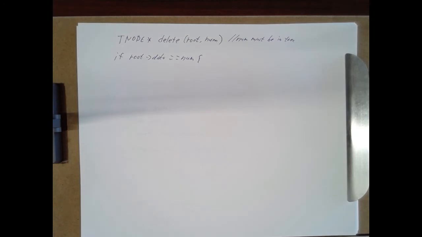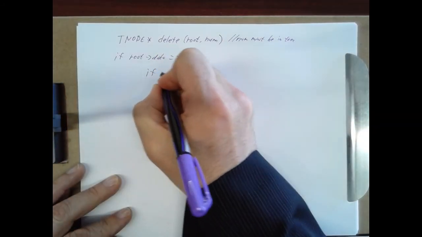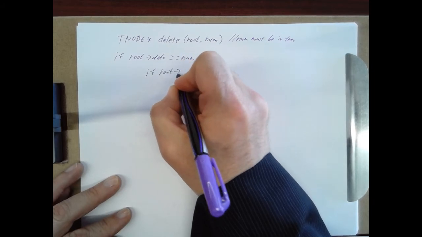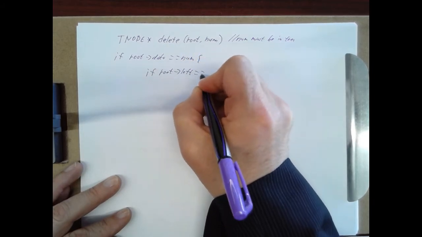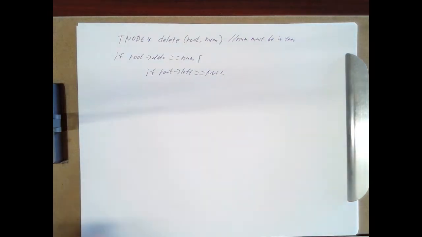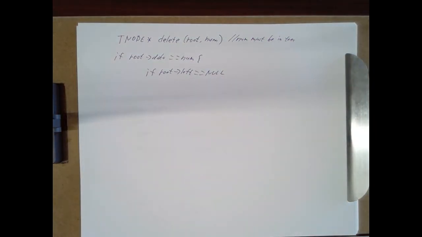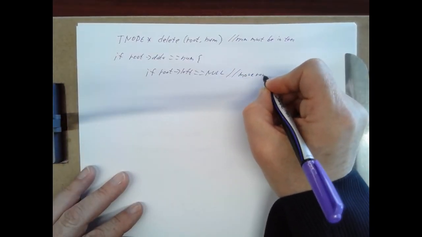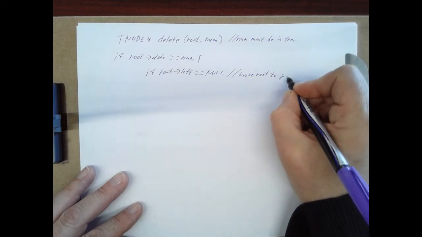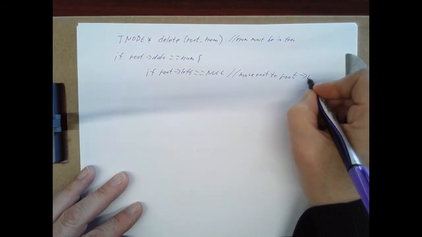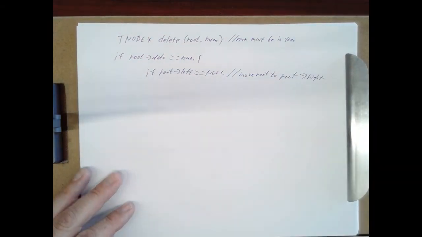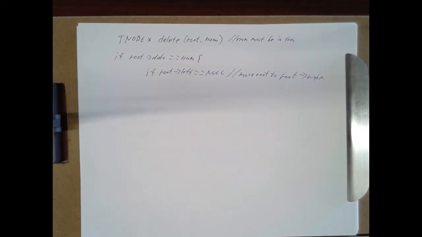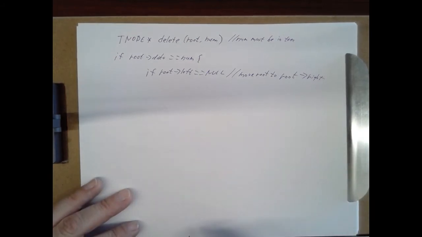So if the root data is equal to the number we're trying to delete, check to see if the left subtree is null. If it is, move the root to the right subtree. That's the last case we just looked at. And return.